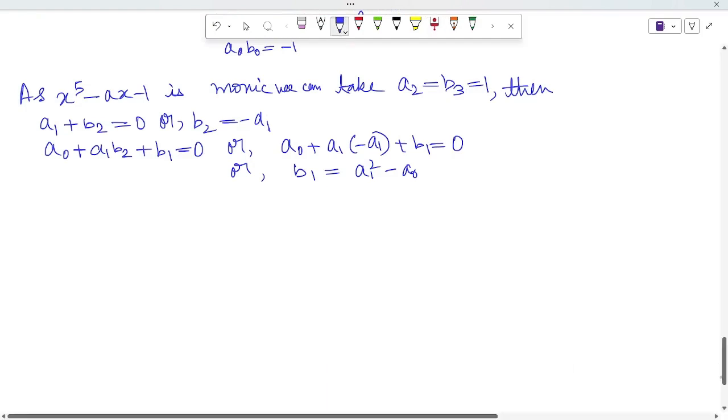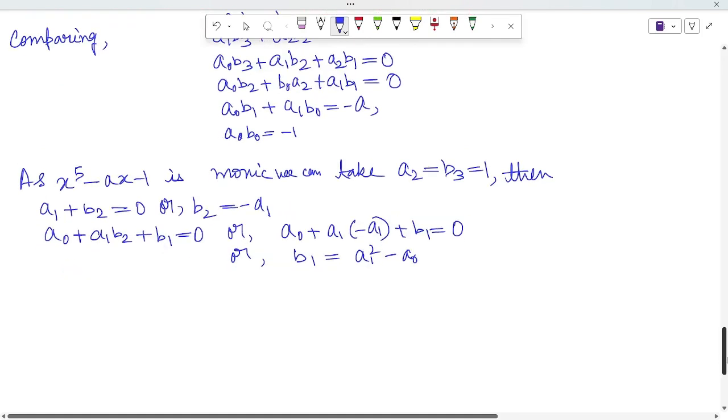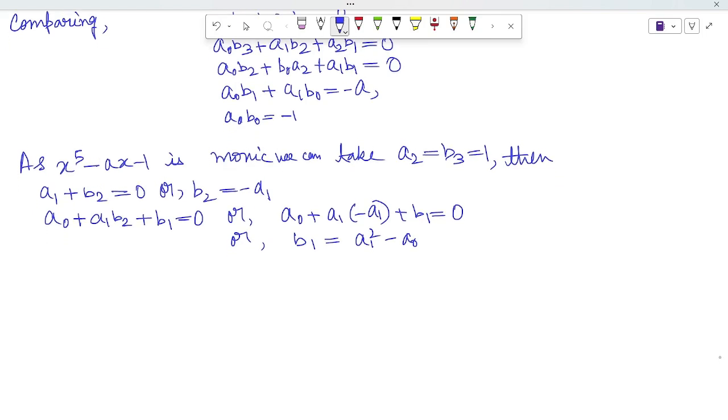From this equation, I have B0 A2 equal to minus A1 B1 minus A0 B2.